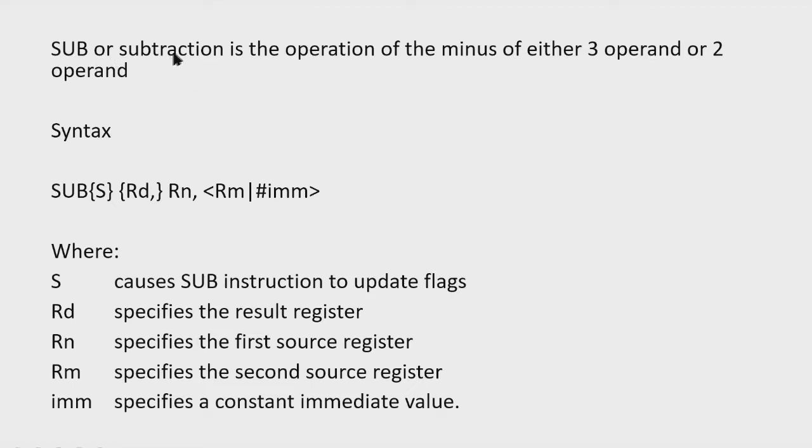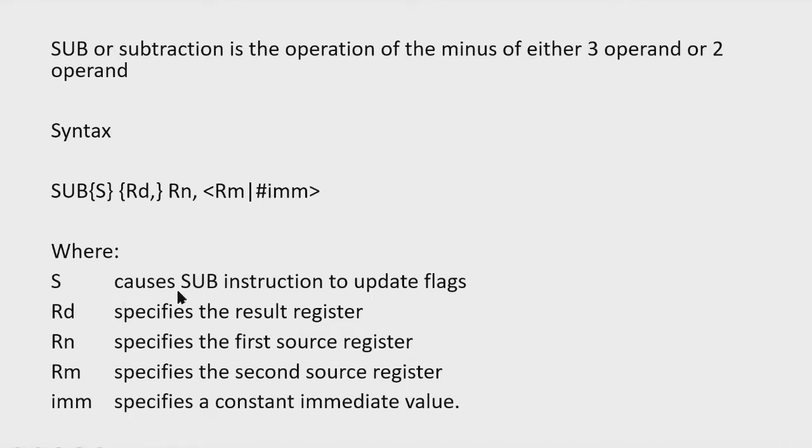SUB, or subtraction, is the operation of minus with either three operands or two operands. Let's see the syntax here. SUB, followed by S, where S is optional, then followed by RD, RN, and RM or an immediate.